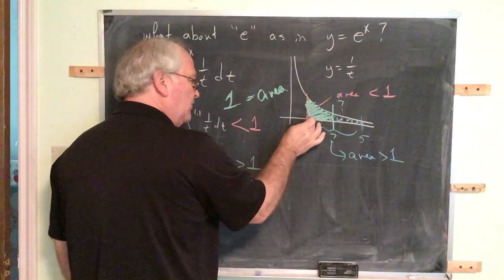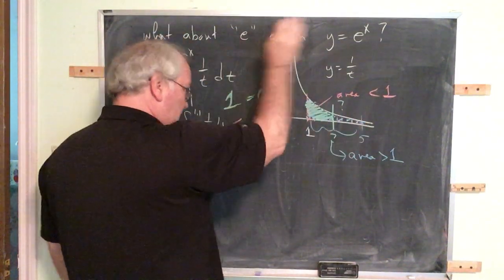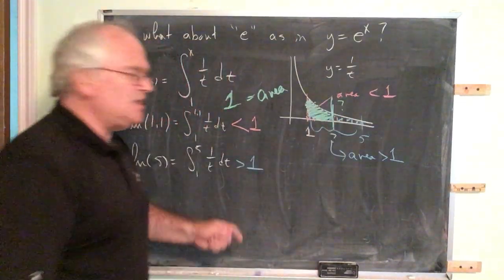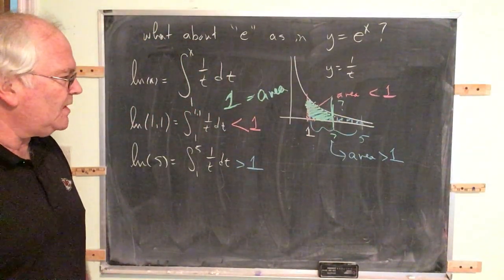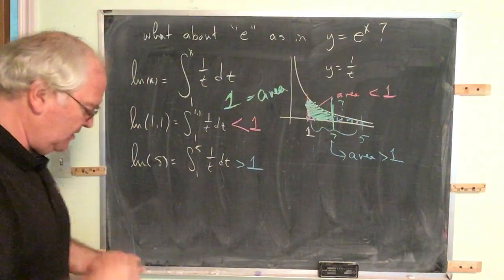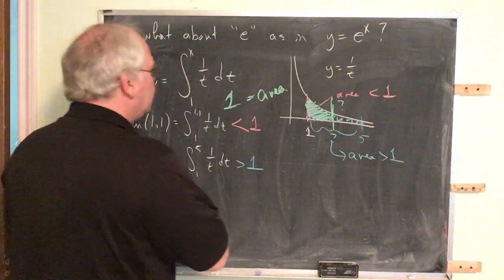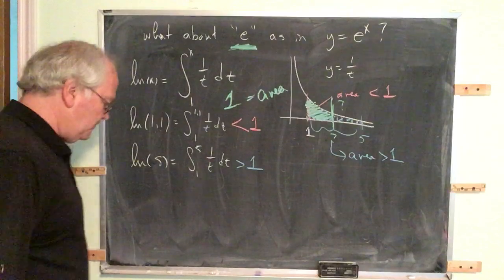If it's less than 1 over here and it's greater than 1 over here, and if it's a continuous function, then there must be some value where it's equal to 1. The question is, what is that value? The answer to that question is e.